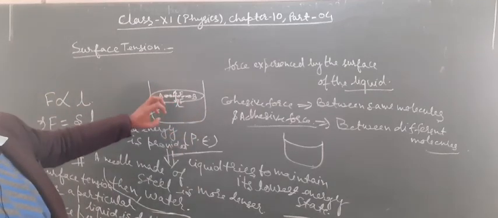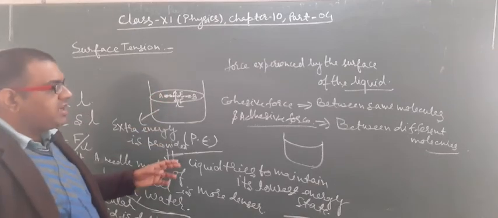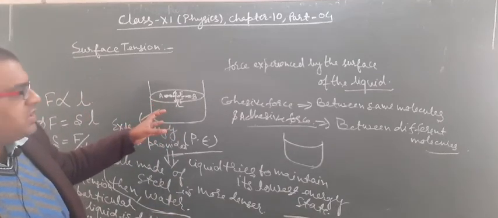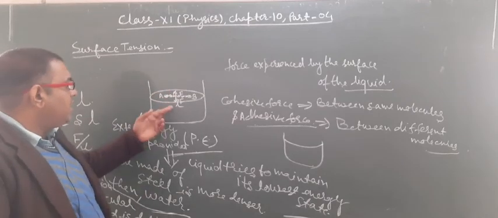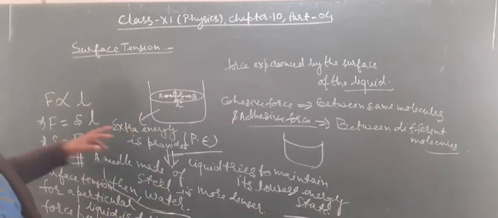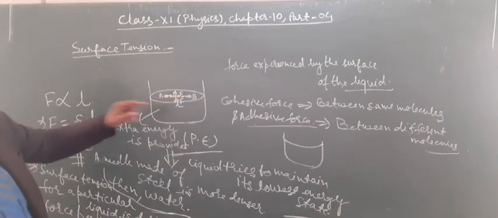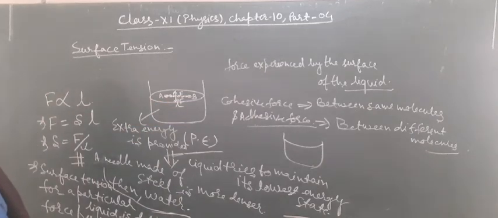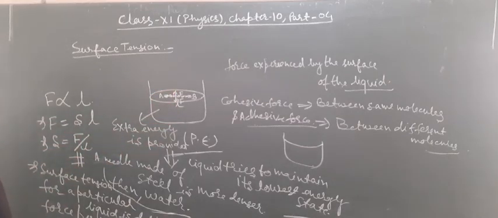Due to these forces, some extra energy is provided to the liquid, and due to that extra energy, the liquid tries to maintain its lowest energy state by maintaining a certain shape. And if you draw a straight line, the particles over that line experience a force; that force per unit length is called surface tension.